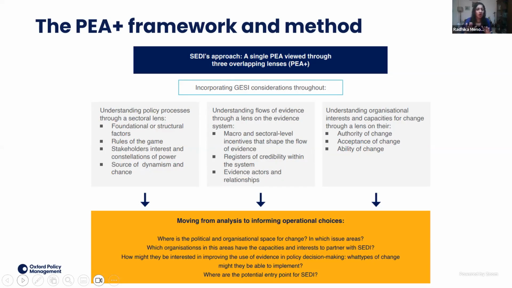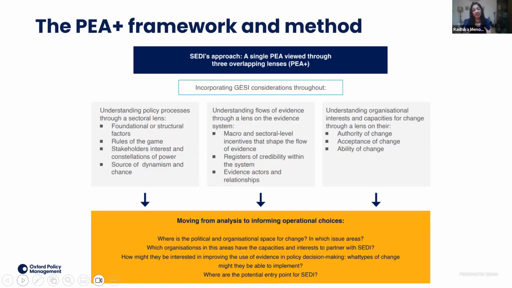But then also adding an organizational lens. So within the government, which are the ministries and which are the units where there is what we call AAA: the ability to carry out change, the acceptance of change, and the authority to do things. So with that, we also took on a GESI lens.